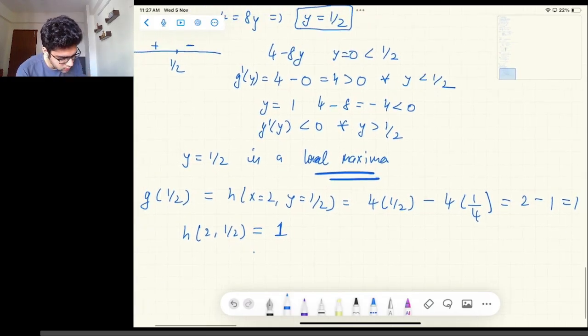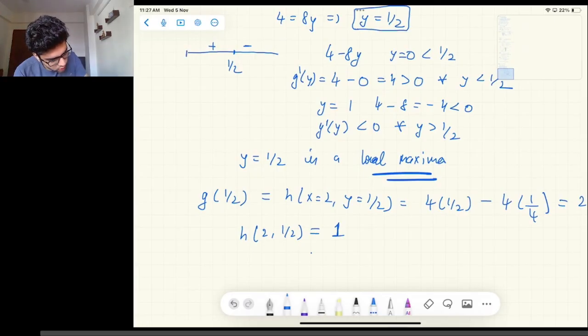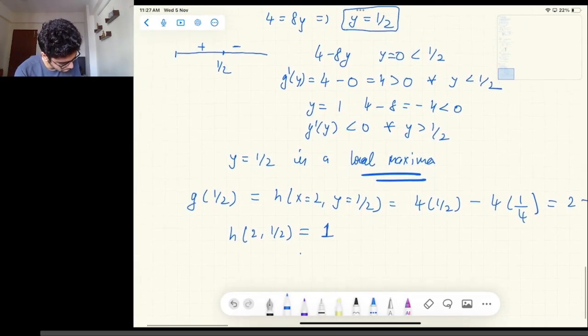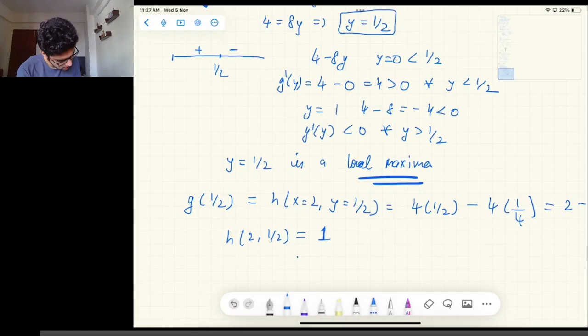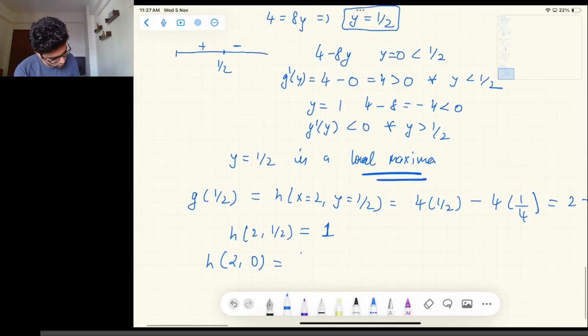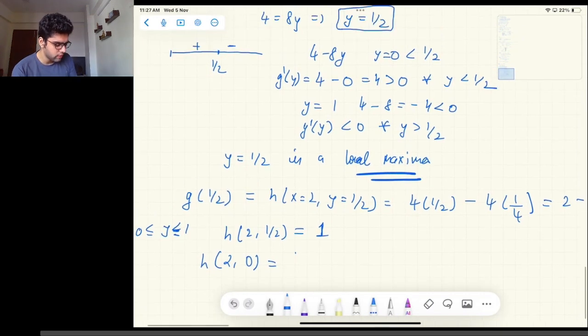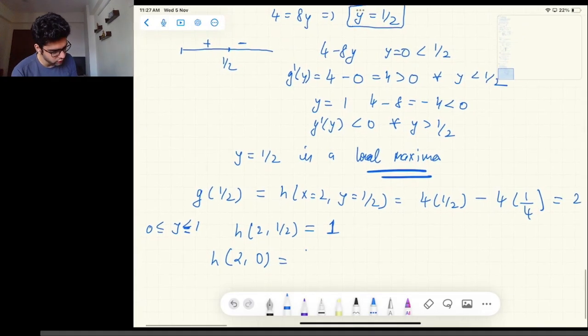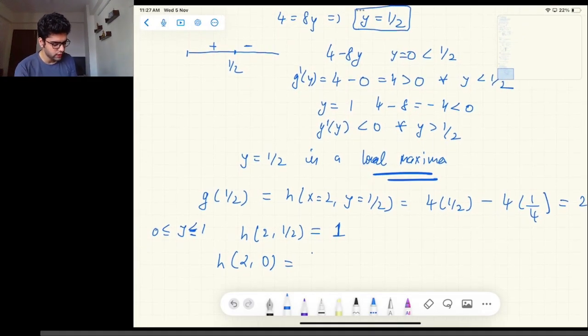Now let me find the value of h at 2 comma 0 and 2 comma 1, because my y was lying between 0 and 1, so I'll be finding these values also. These are basically the corner points, and we should find the value of the function at these points also.